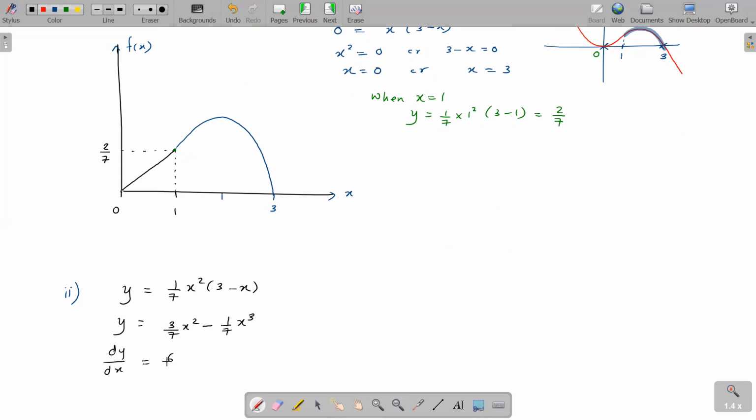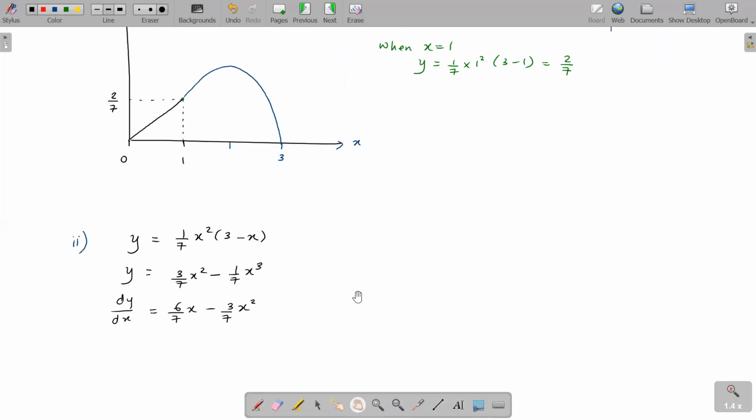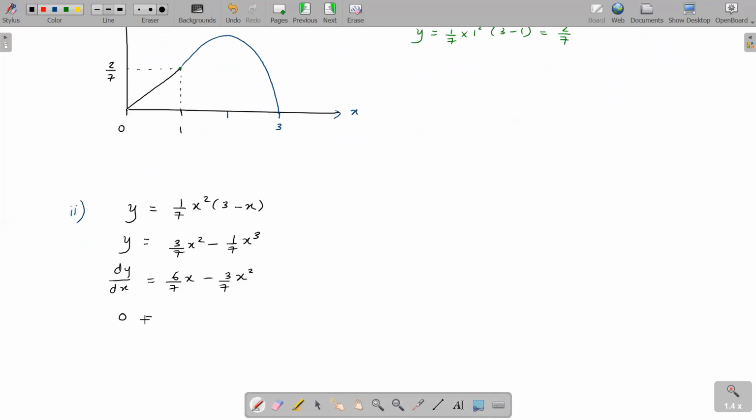I get 6/7 x minus 3/7 x square. Make it equal to 0 to get the turning points. You will get two turning points here because there are two turning points in the cubic, but we only need the one between 1 and 3. We'll multiply the whole equation with 7. Is that okay? When you multiply everything with 7, you get 0 equals 6/7 into 7 is 6.